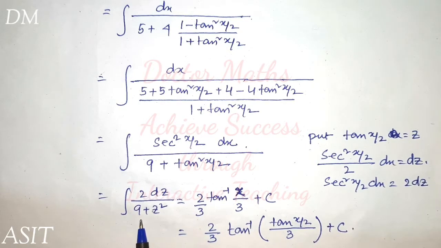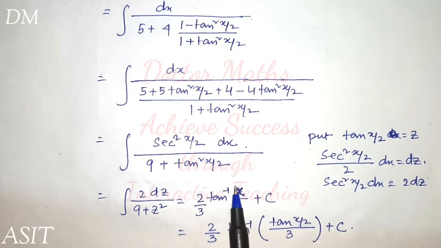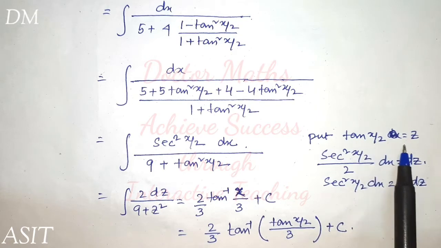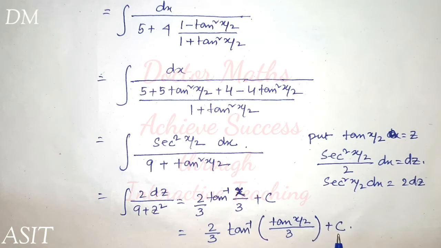Here a is equal to 3, so the formula is 1 by a tan inverse (z by a). So 1 by a is 1 by 3, so 2 by 3 into tan inverse (z by 3) plus c. Now again, if we put the value of z, we have 2 by 3 tan inverse of (tan(x/2) by 3) plus c.